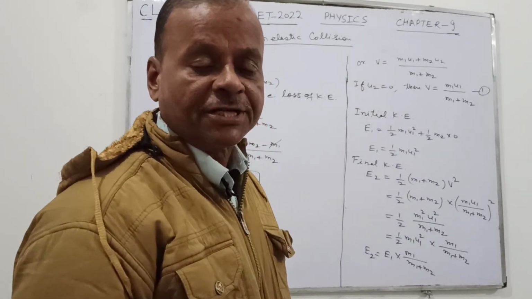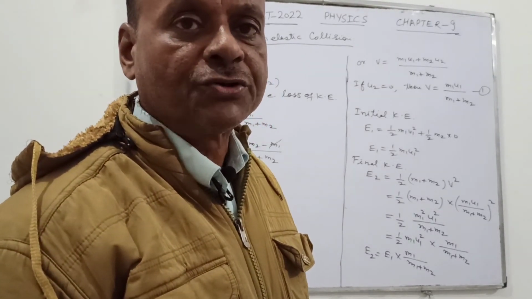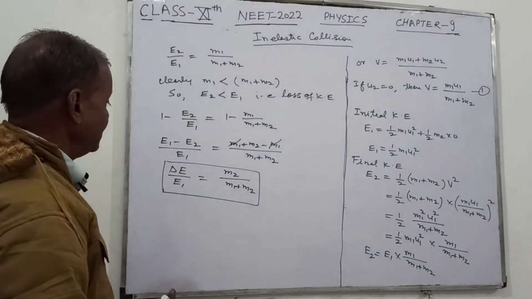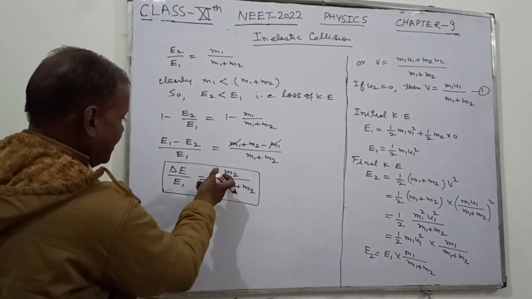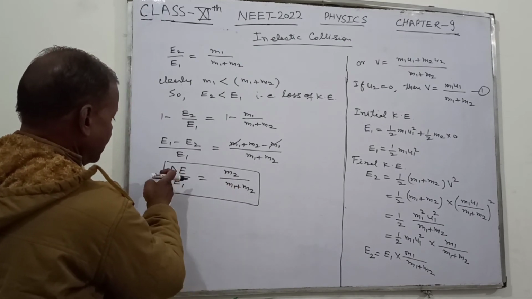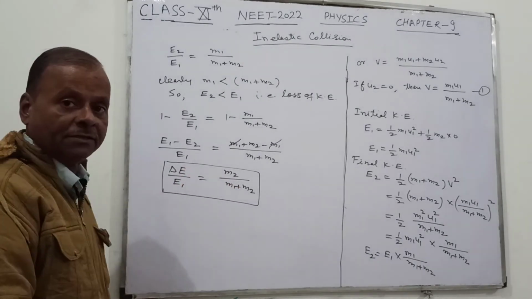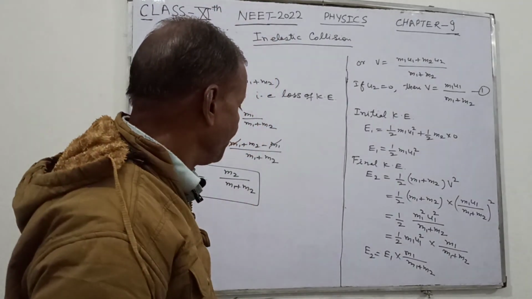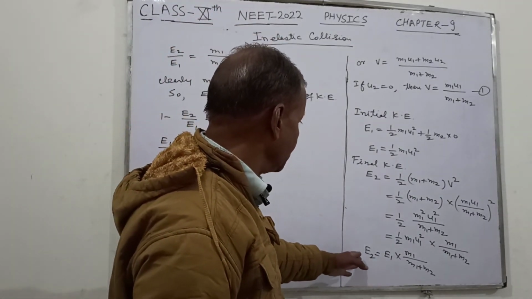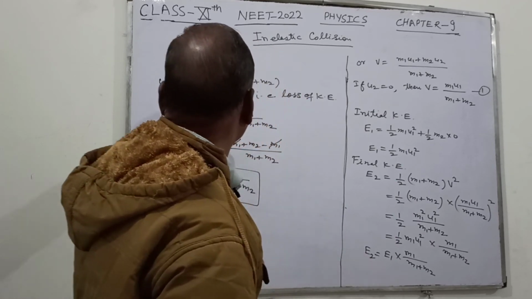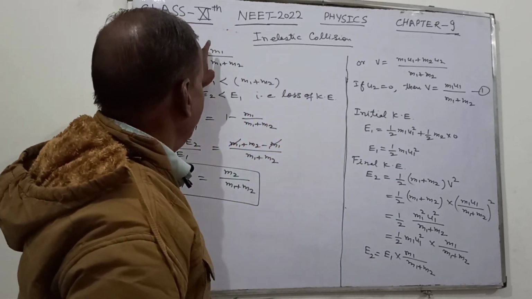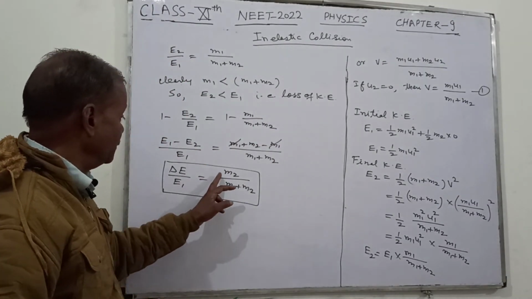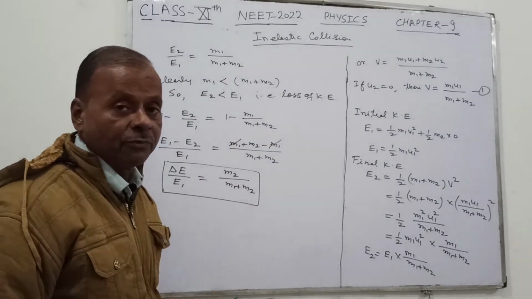So from this relation you can calculate the loss in kinetic energy. And you will see that m2 is less than m1 plus m2, so delta E is less than E1. E2 upon E1 gives m1 upon m1 plus m2, and delta E upon E1 gives m2 upon m1 plus m2.